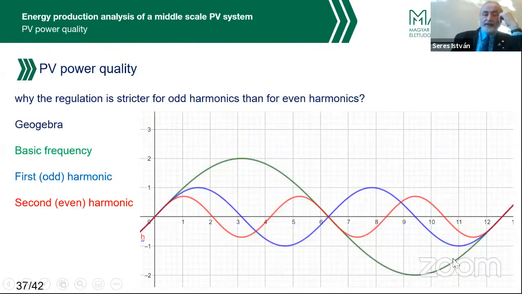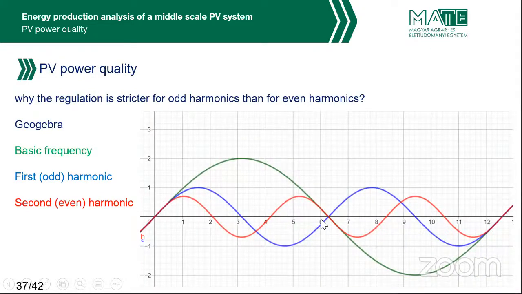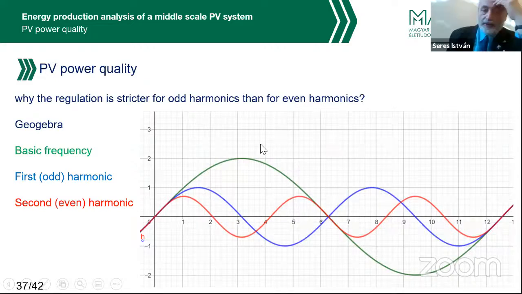Why? It's not interesting if it's odd or even, because this is the basic frequency. This is the first harmonic. If you check the first harmonic, the frequency is double, so the wavelength is half of the original fundamental function.